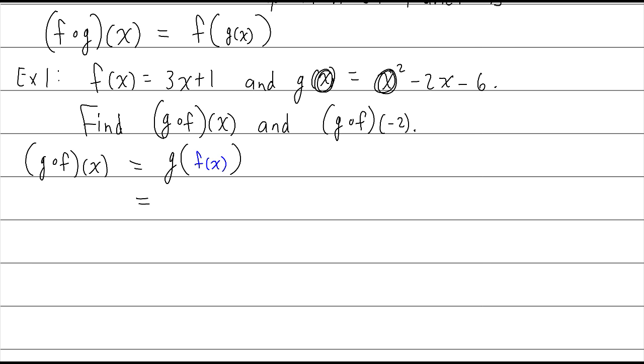Okay, leave a blank. I like to put parentheses and just leave them blank. So x squared minus 2x minus 6. Okay, that's the function g. And what did I promise, right? I promised that I was going to plug in f of x into those blanks. In this case, f of x is 3x plus 1.